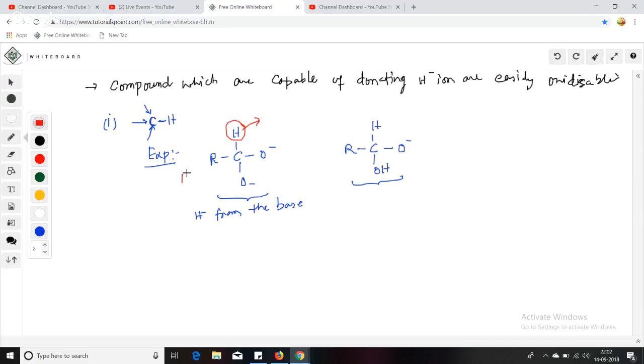So one condition is: if a dianion is present, then removal of hydride ion is easier. It is a better hydride ion donor.